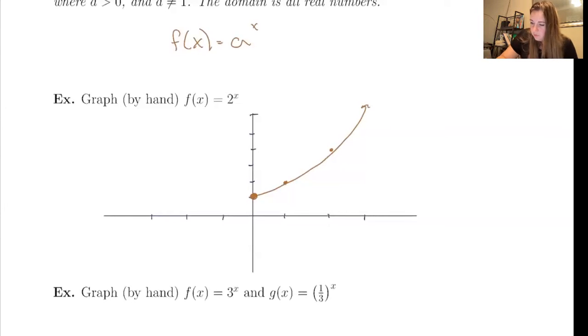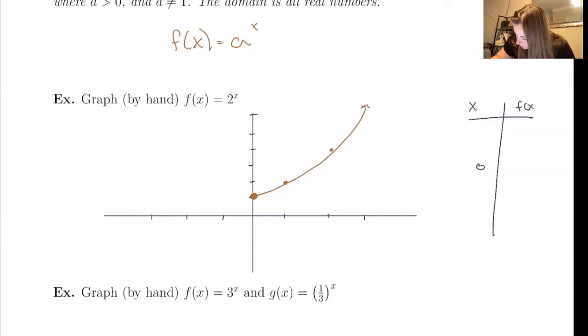So now, if you're going to do this by hand, we can also make a little chart. So x, f of x. At 0, 1, 2, we know it's going to be 1, 2, 4, but at -1, it's going to be 2 to the -1. Remember, negative exponents, I can make them positive exponents by moving them to different parts of the fraction. So right now it's in the numerator.